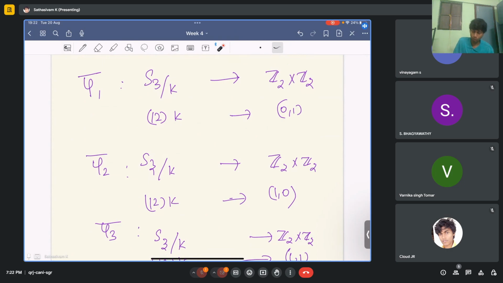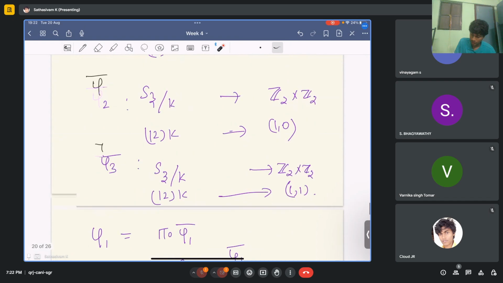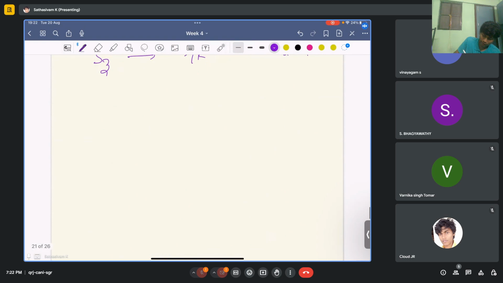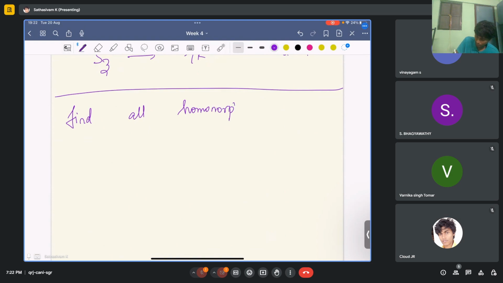Okay. Now let me do one more thing. See here, your group is kind of like Z2 cross Z2, something like this. So let me ask this question. Find, let's say, all homomorphisms from Z3 to Z3 cross Z3.